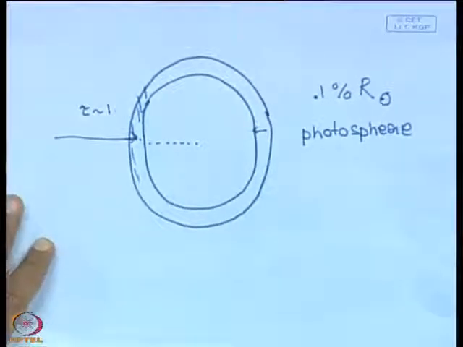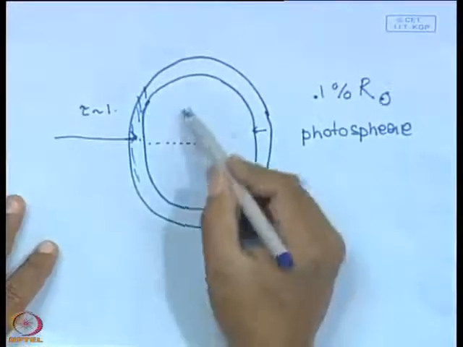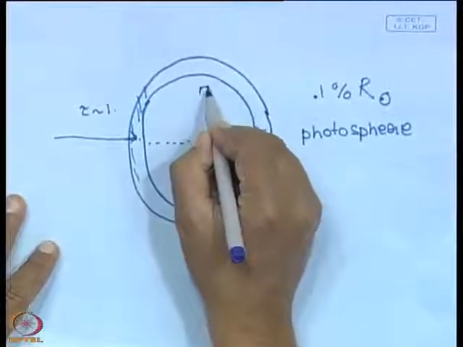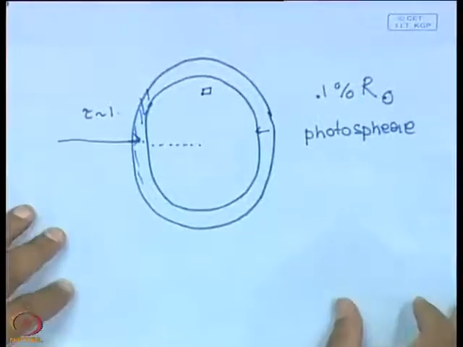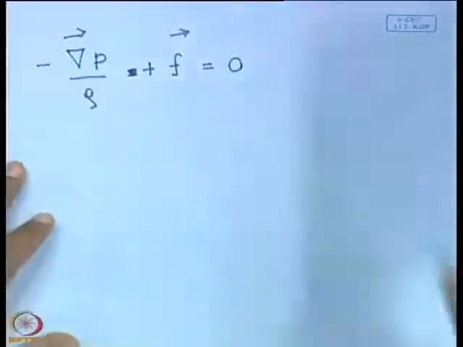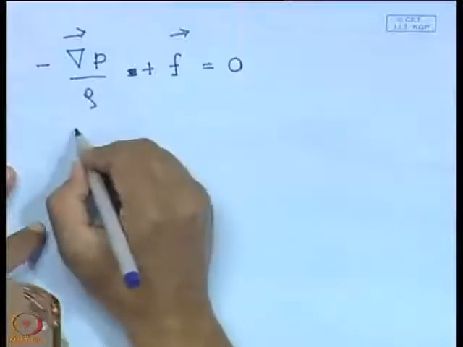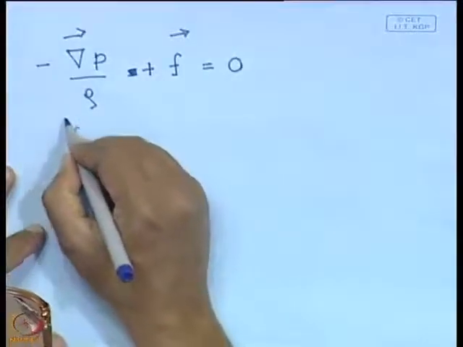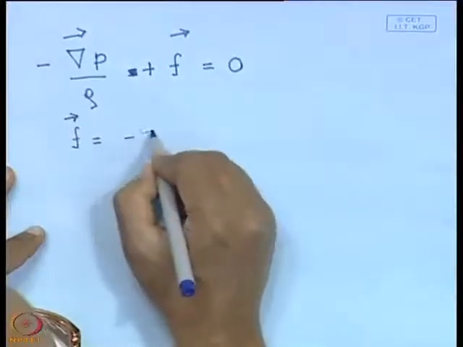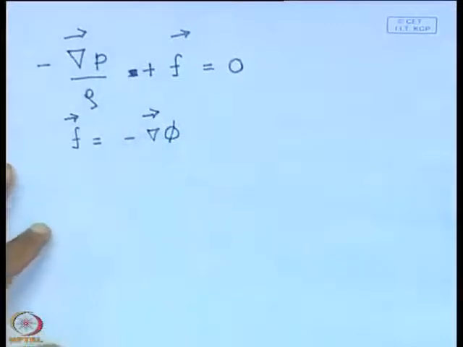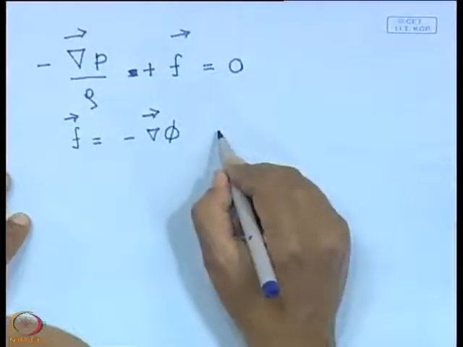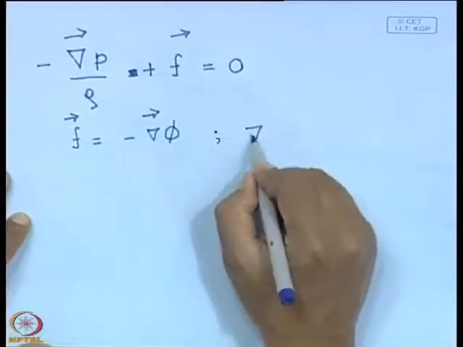Now, the situation that we are dealing with, the force per unit mass on any element of this fluid is essentially the gravitational force. So, we can represent the gravitational force in terms of a potential. So, this is minus grad phi, where the potential satisfies the Poisson equation.